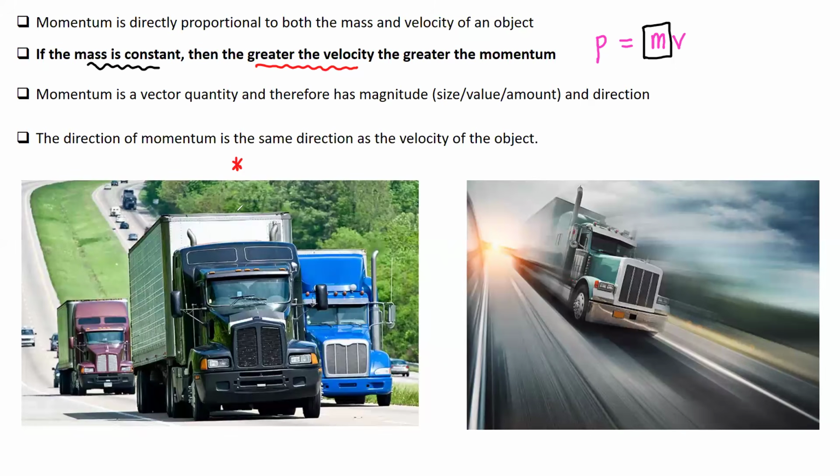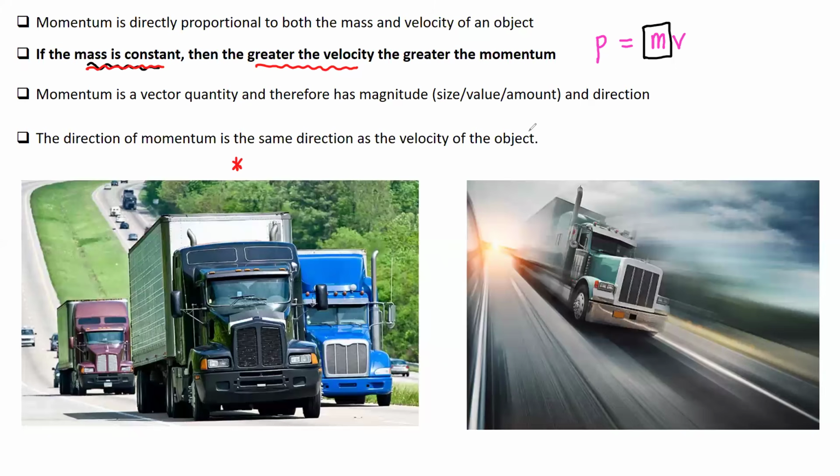It's got huge mass. The one on the right-hand side is a truck, but moving at a faster speed. So this would mean, therefore, its momentum will be high. For the purposes of your questions in the exam, the mass is usually constant, and the only factor that affects momentum would be velocity.